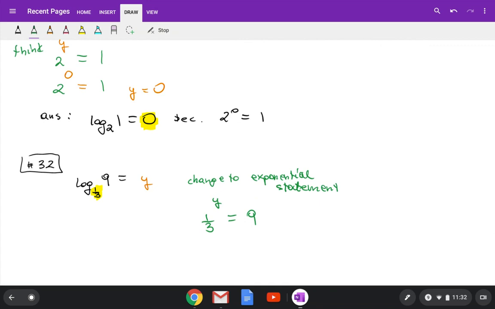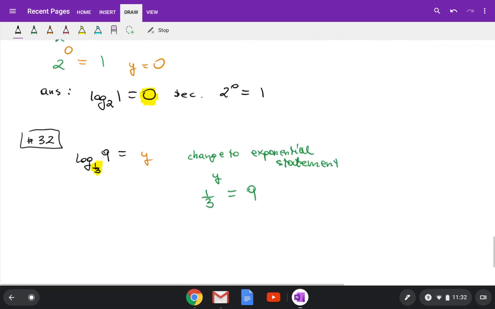Okay. So couple things here. 1/3, hope you guys can relate it, that 1/3 is the same as 3 to the power of -1. So I'm going to rewrite that. 3 to the power of -1. And of course, I have that y. It's equal to 9.